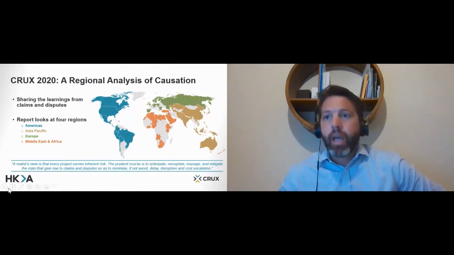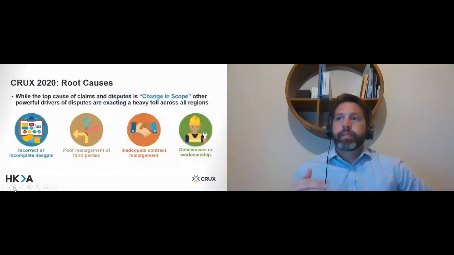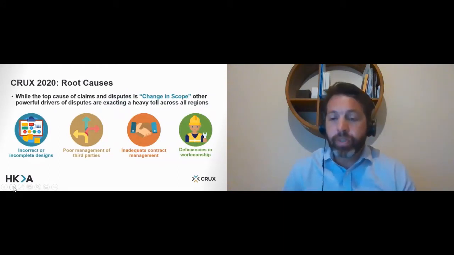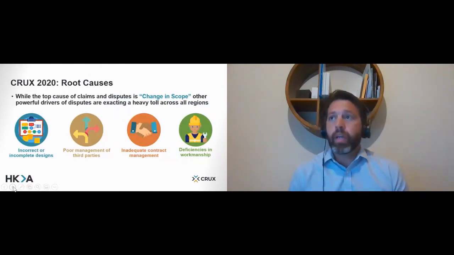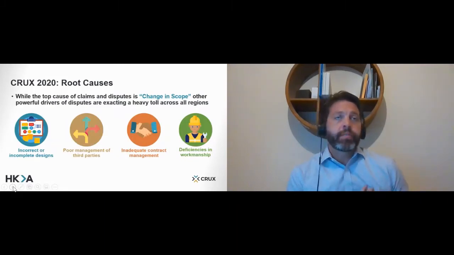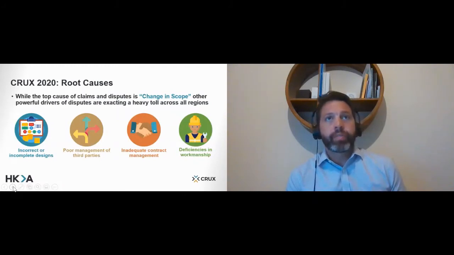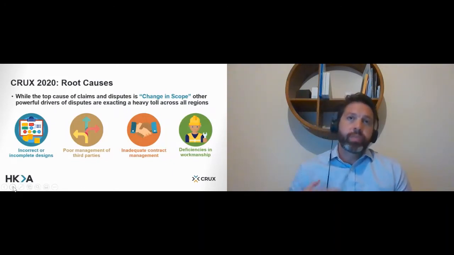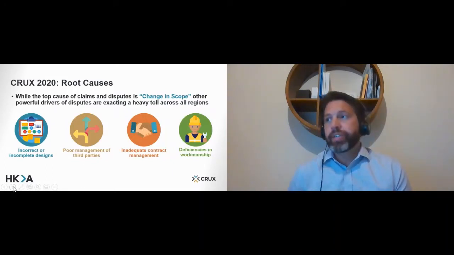Moving on, what we found, and this is more on a global basis, across the globe is the root causes. The main one that we see is change in scope. So this is either the owner coming and making a variation to the work, or some circumstances that are actually changing the execution of the work.